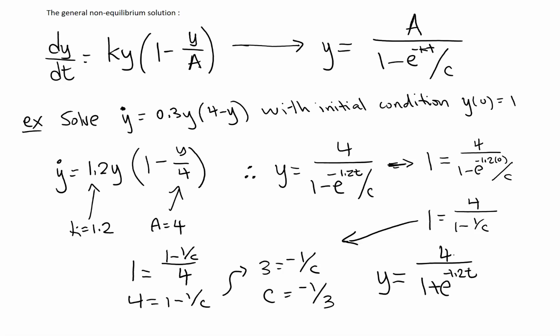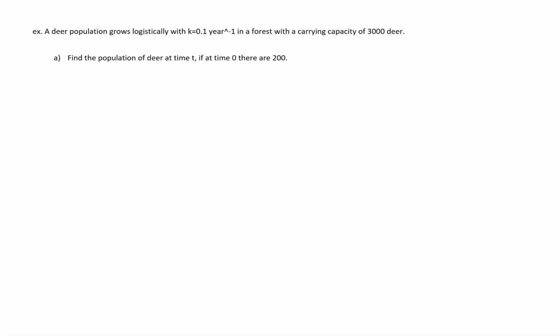It's simply some slope fields, some logistic differential equation. But let's take a look and see how this can be applied to populations. Okay, so we have a deer population growing logistically with a growth factor of 0.1 years to the negative 1 in a forest with a carrying capacity of 3,000 deer.